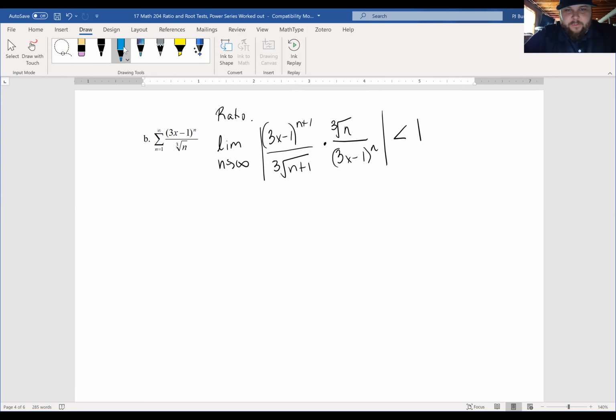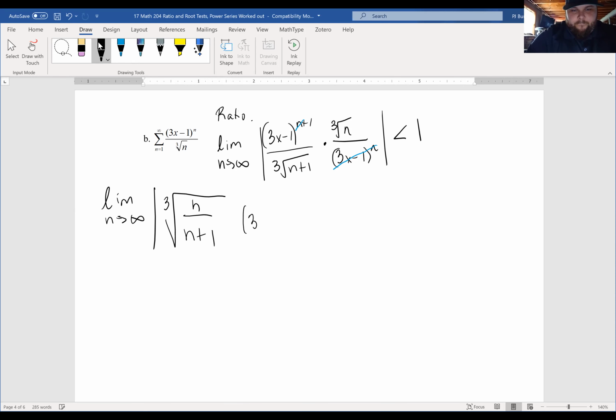So if I were to break apart this 3x minus 1 to the n times 3x minus 1 to the first power, the ones that are to the nth power would cancel. And then I'm going to put the cubed roots together. Like so.